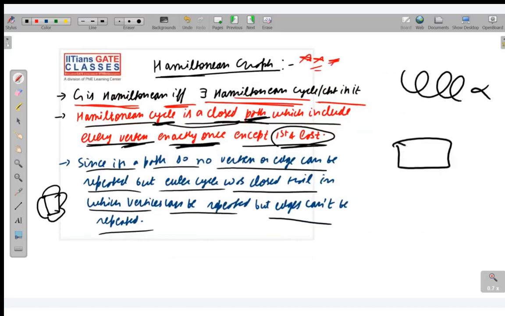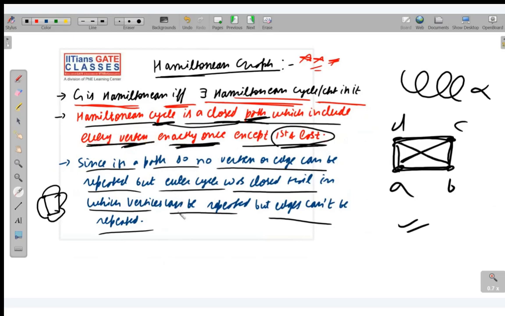So like this, this is Hamiltonian: A B C D. We have covered all the vertices exactly once, so it is Hamiltonian. It does not matter whether we go from D to B or A to C; nothing is given for edges. See this: a Hamiltonian cycle is a closed path which includes every vertex exactly once, except the first and last.